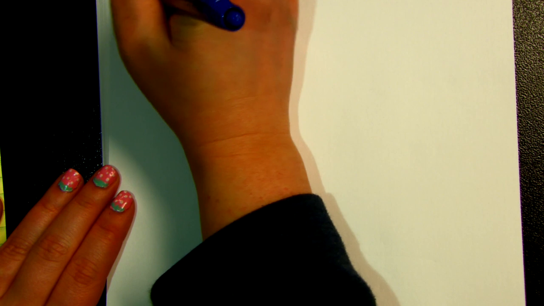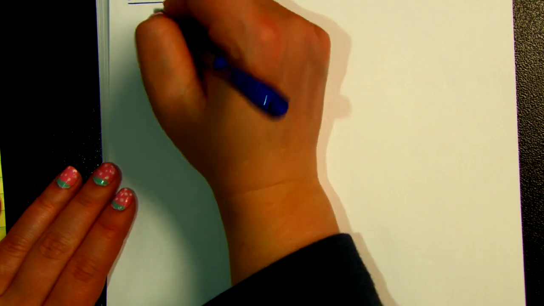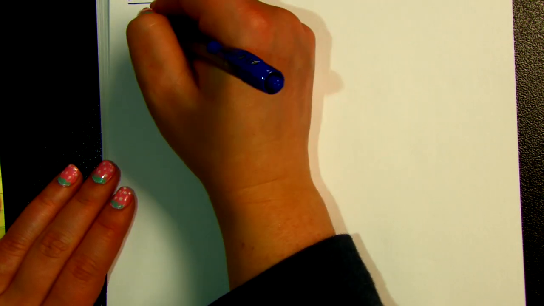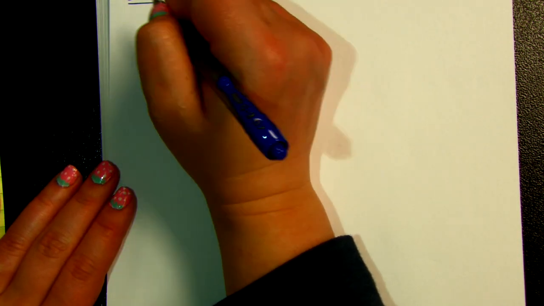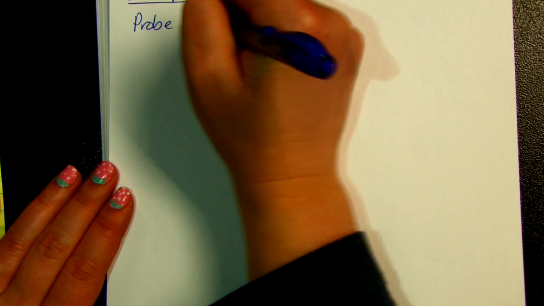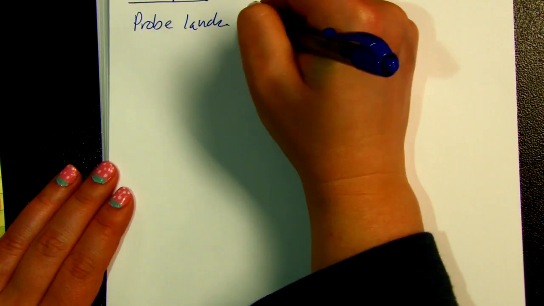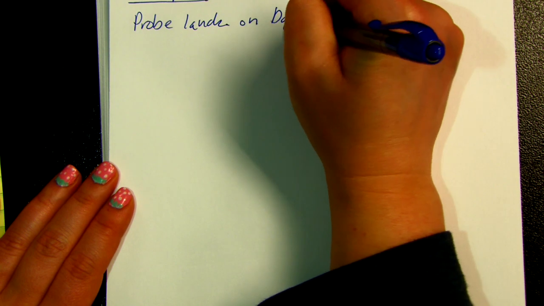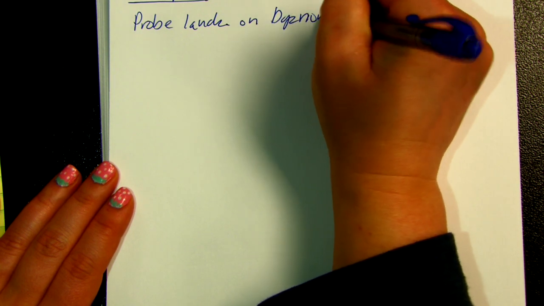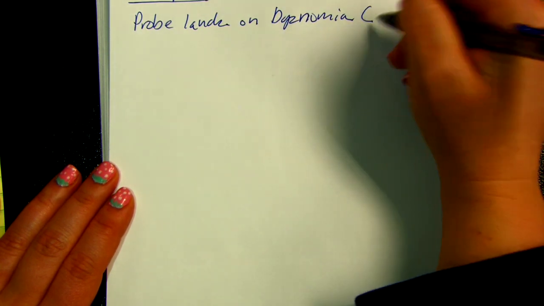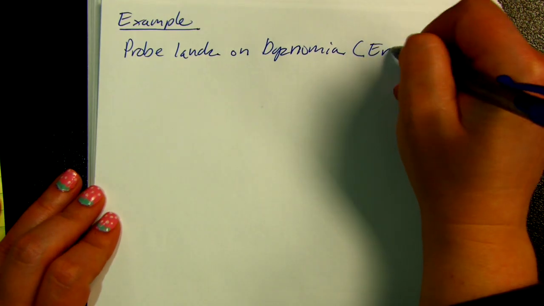Okay, so let's do another example. We have an exploratory probe from the Kuiper Mining Company. It lands on Dysnomia, which is a great name. Dysnomia is one of Eris's moons.